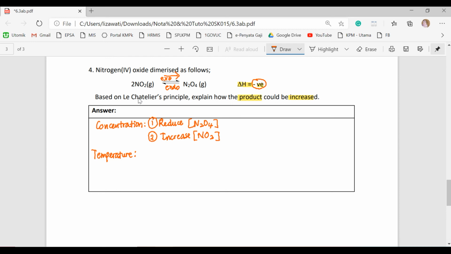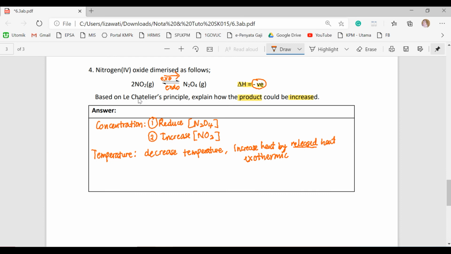Therefore we have to decrease the temperature. What would happen? The system tries to increase heat by releasing heat, so it will favor the exothermic direction. That's why it shifts to the right.